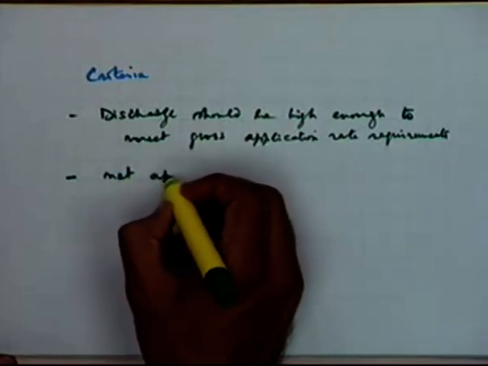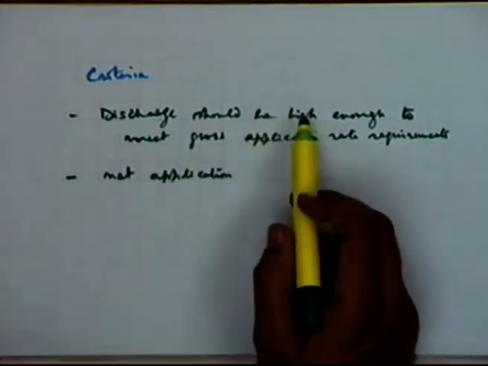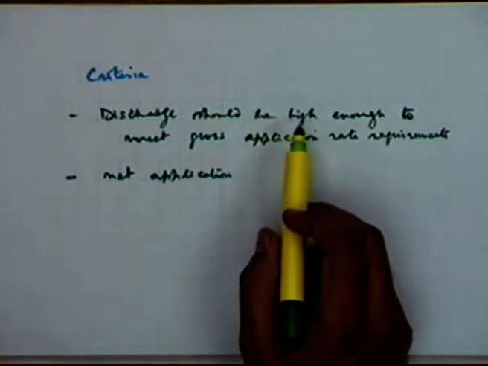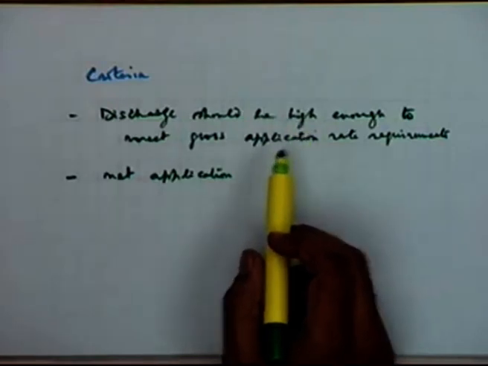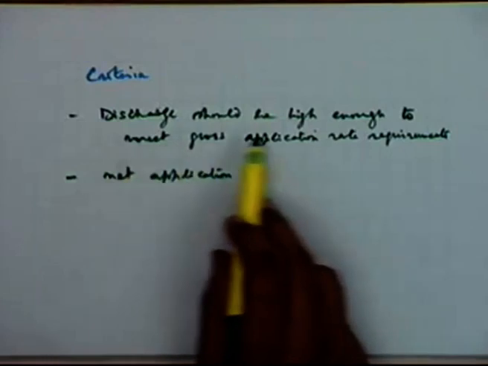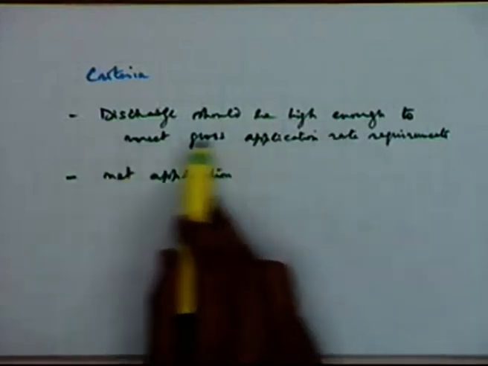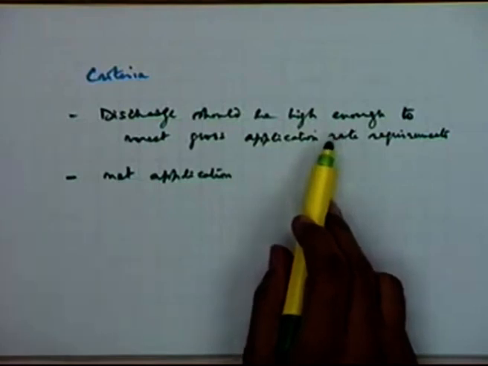The net application rate: because the gross application rate takes into account the evaporation and the drift losses also. That means the amount of water which is coming out of the nozzle should at least be taken care of by that selected nozzle.